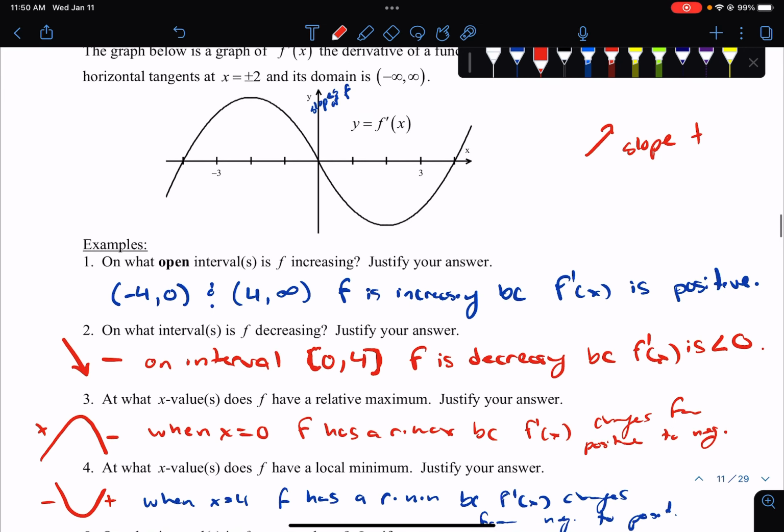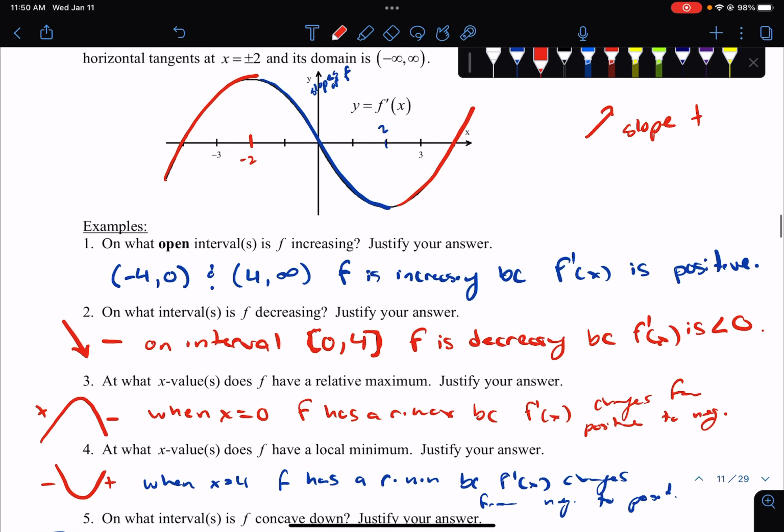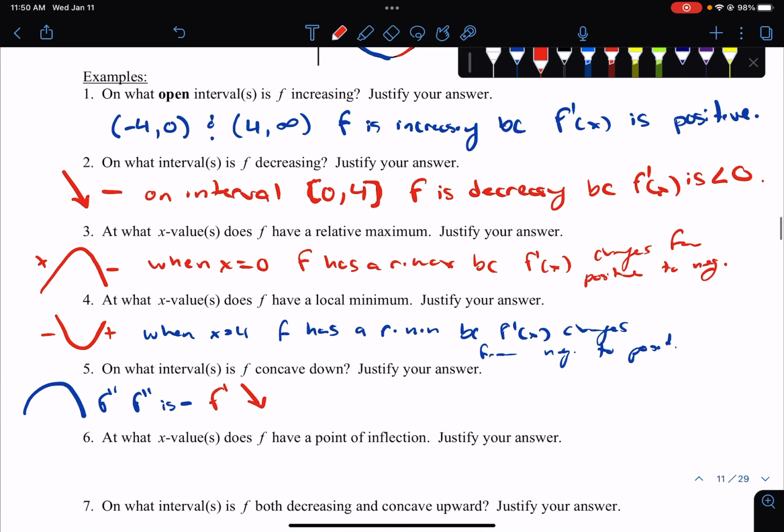When is f prime decreasing? Well, I'm going up all the way until I get to this point, -2, and then I'm going down. I'm decreasing all the way until I get to +2, and then I'm going back up again. All right, so f prime is decreasing from -2 to 2.